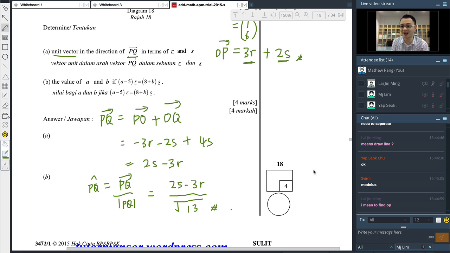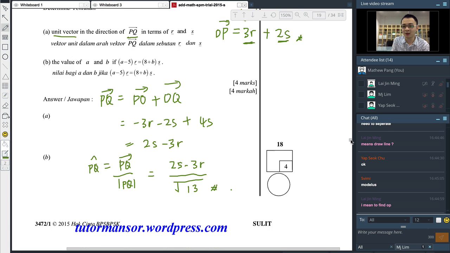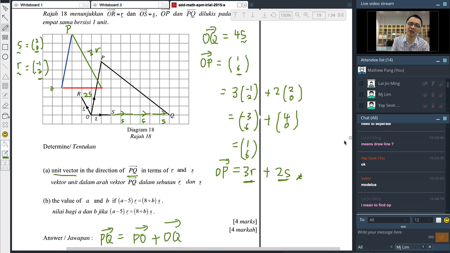I mean to find the OP. Yeah, you can try to draw the line to see how can you get OP. Or you can use the column vector method which I just used just now. Actually, it's quite easy. It's a simple math.